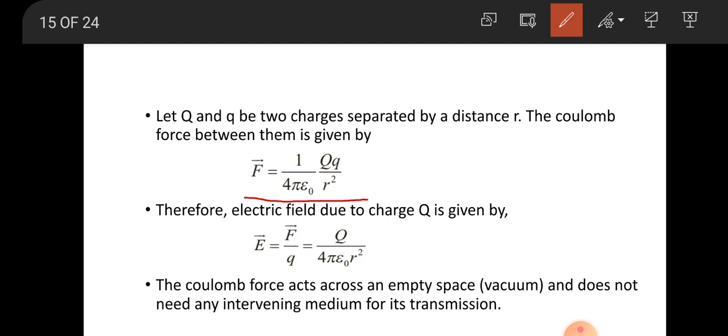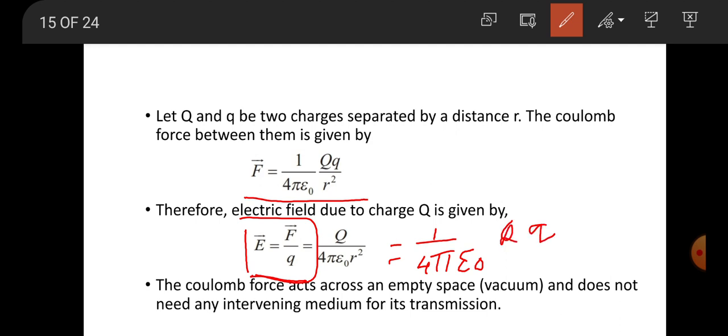And we know the formula of electric field, which we have seen right now, that electric field is equal to force per unit charge. So on substituting the value of force in this formula of electric field, what we get is 1 upon 4 pi epsilon naught, Q upon r square into q.